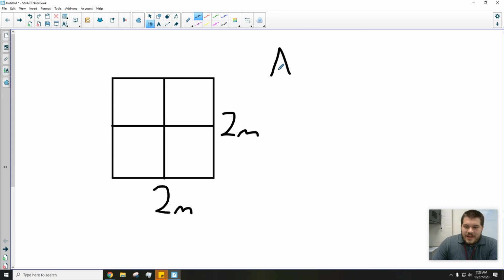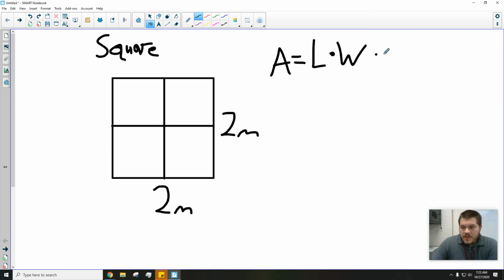So the area of a square is the same as length times width, which is the same thing as one of these sides squared. It's the same number.